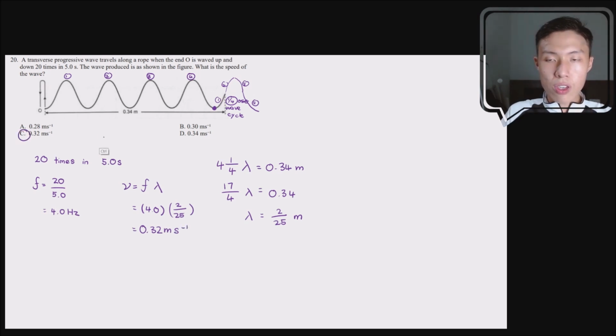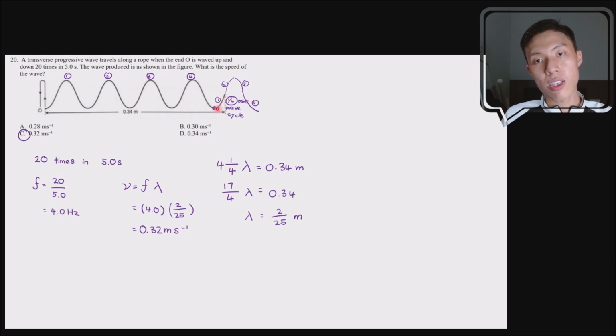Okay, so you have to be careful. Some of you might count this as 4 complete wave cycles, but you ignore the last part over here. Well, you have to make sure you start from somewhere, then you trace back to the same phase. Then you consider it to finish one complete wave cycle. So this is 1, this is 2, this is 3, this is 4. There's an excess over here.